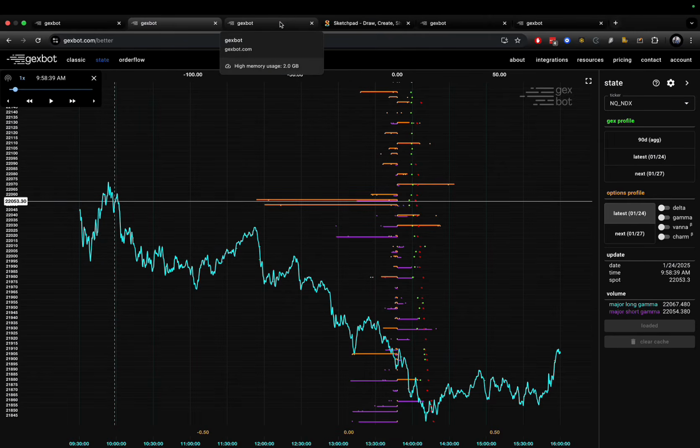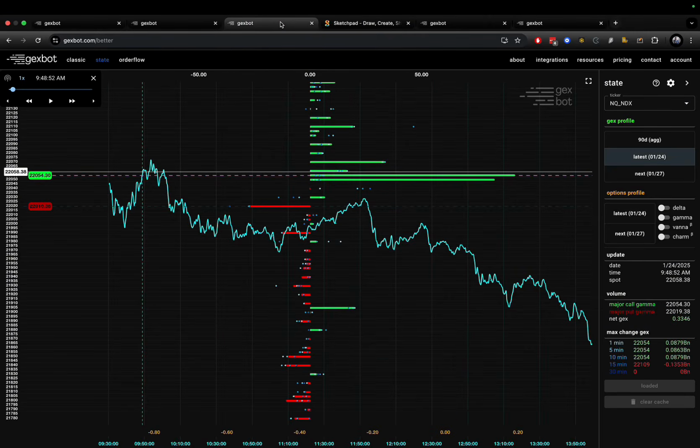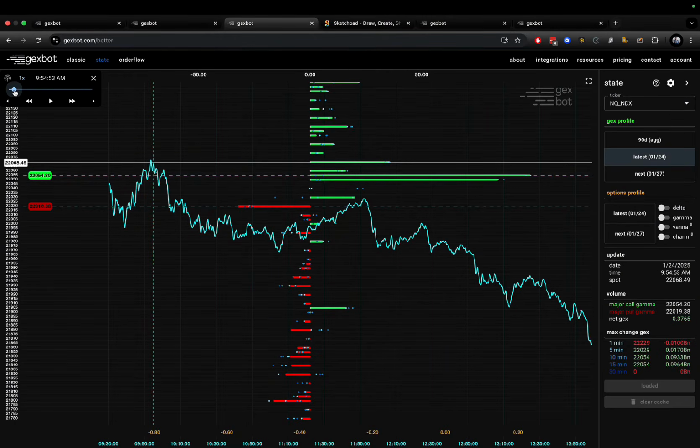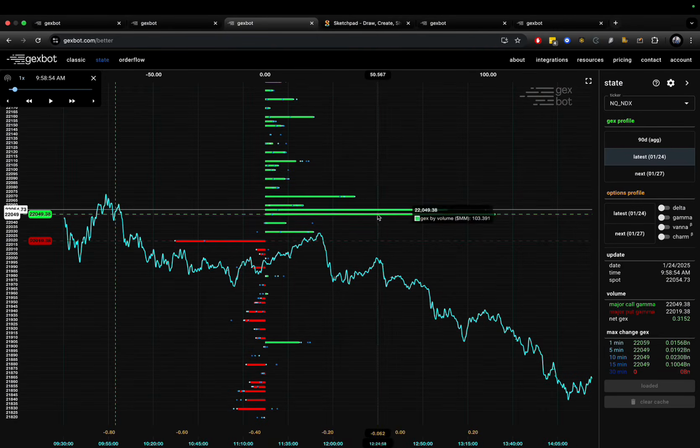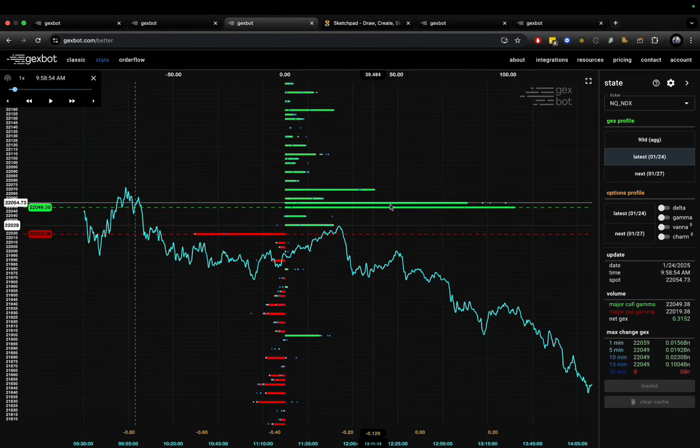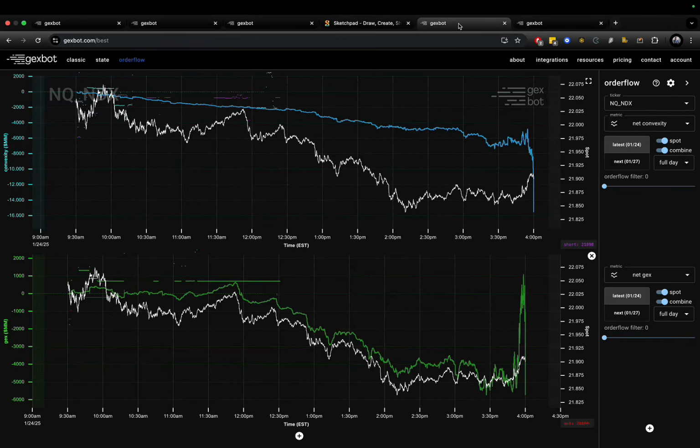And when we go to the GEX profile at the time, we see how the price trades on this level and also reverses. But what's important about this kind of positive gamma? This was the clue for me.